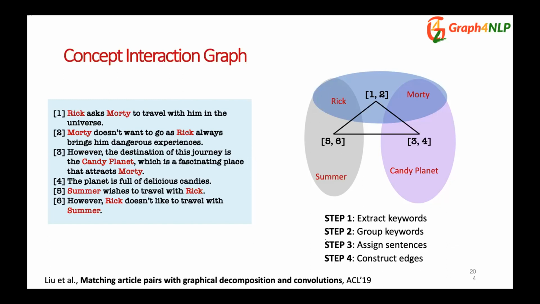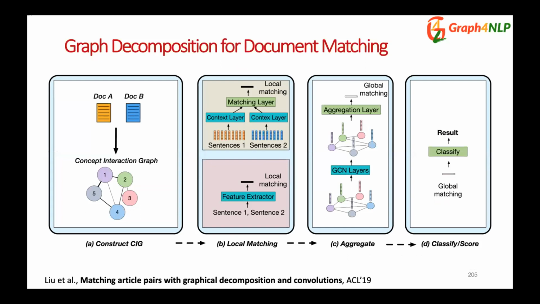If you have two documents when you're performing document matching, then for each keyword node, you will have two lists of sentence indexes, from the two corresponding documents. Based on such a graph representation of a document pair, we can perform long document matching.